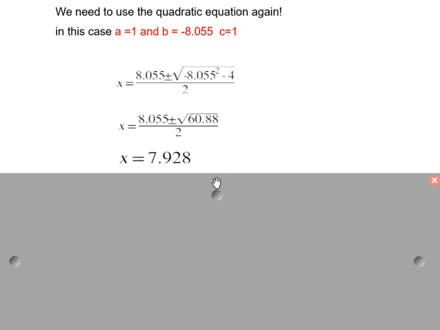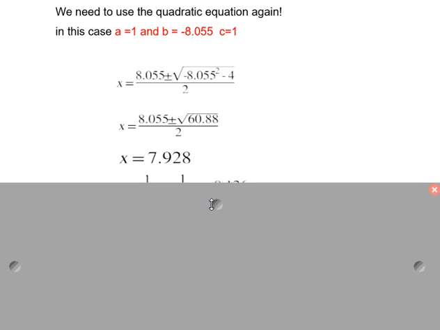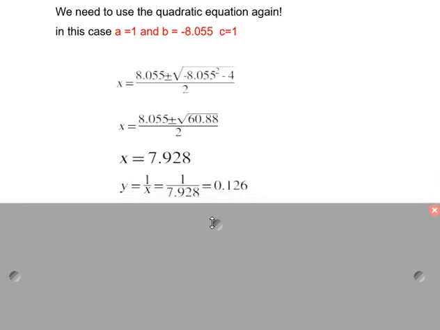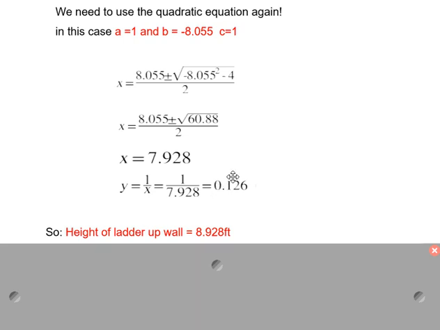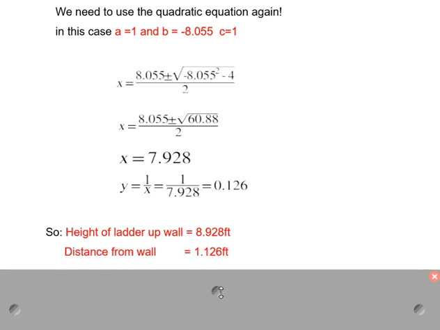And some more, I suppose, but that's as far as I wanted to go. y is 1 over x, which is 1 over 7.928, so it's 0.125. So looking at the height of the ladder on the wall, we've got to add 1 to 7.928. This gives 8.928. And looking at the distance of the ladder from the bottom of the wall, we have to add 1 to this, which gives us 1.126. So the height of the ladder on the wall is 8.928 feet.